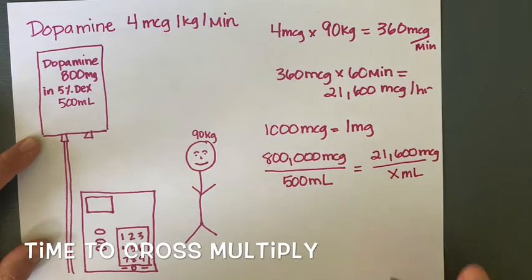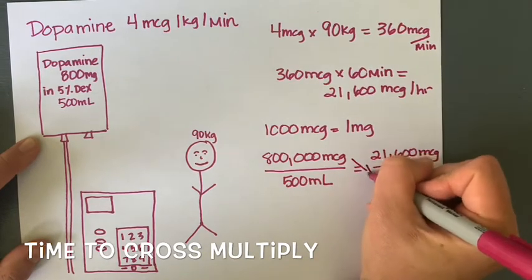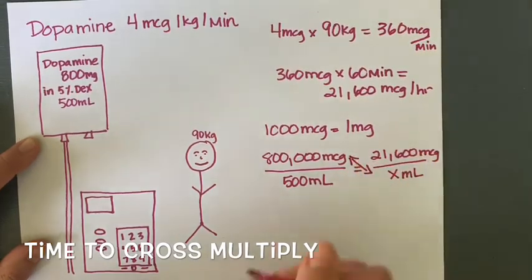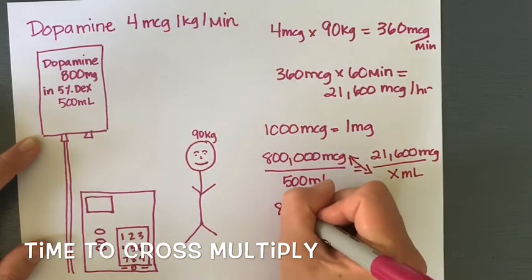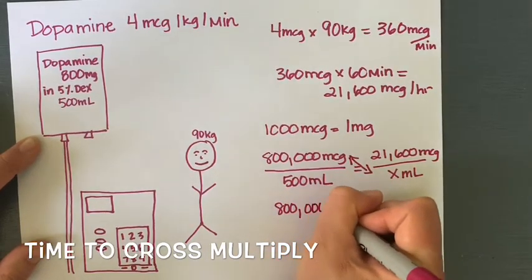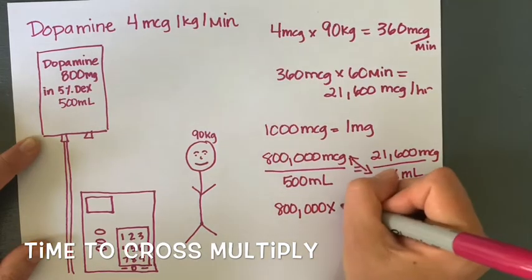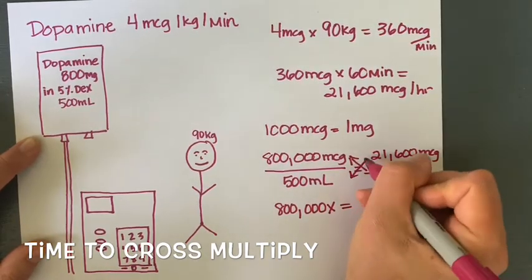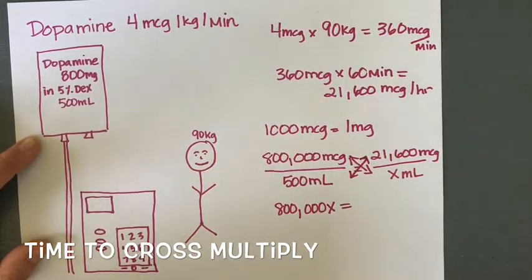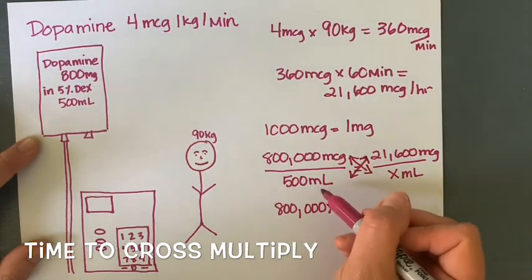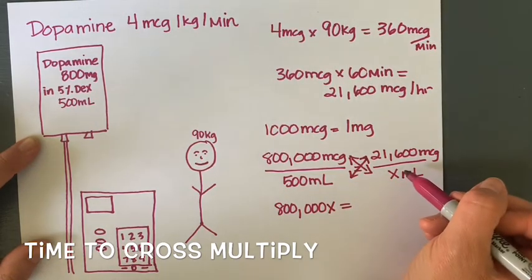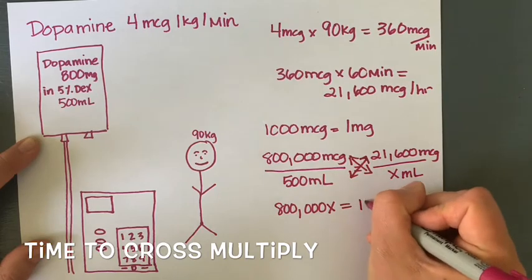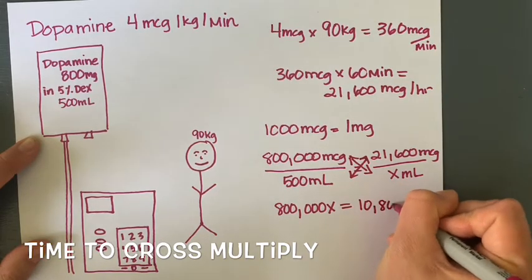To figure this out, we use our trusty cross multiplication. 800,000 x equals, we take 500 times 21,600, and we get an incredibly large number over here.